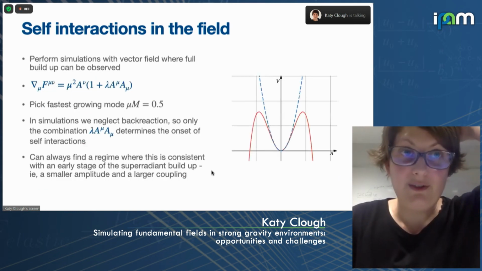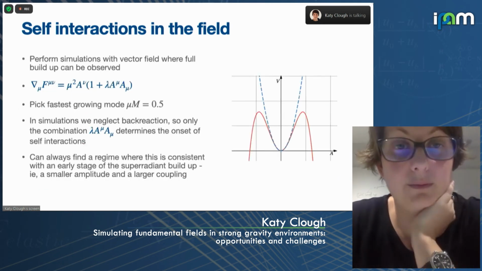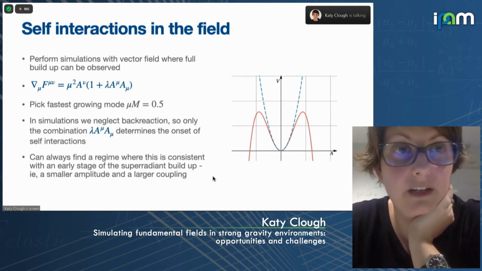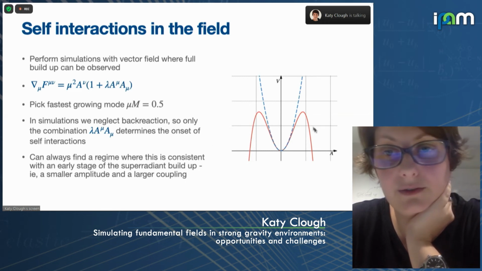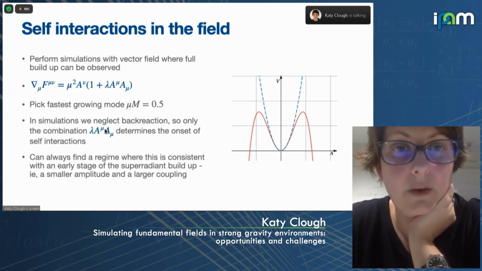So we wanted to test this. Since we want to perform time domain simulations, we decided to do it with the vector field, where we can observe the full build-up prior to either saturation or bosenova. We picked a quadratic potential of this form, where the leading order is then attractive, and picked the fastest growing mode for the vector case.